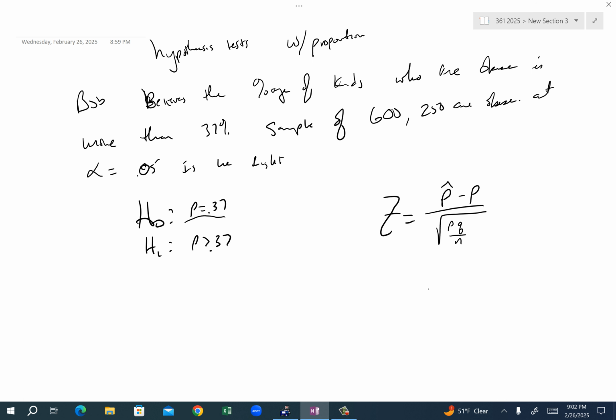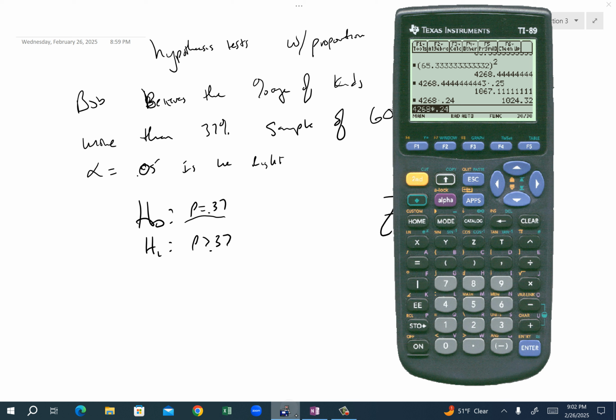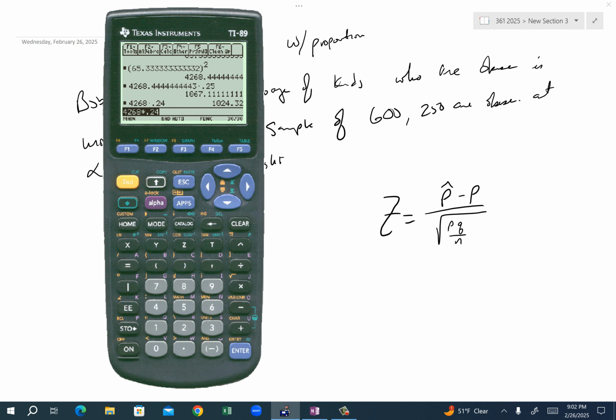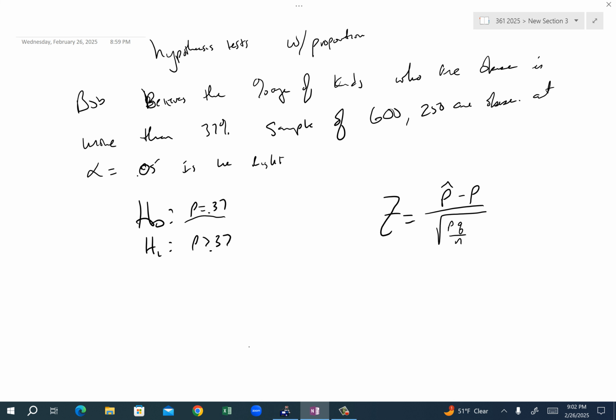And so in our case, it's going to be 250 over 600, which is 0.4166, minus 0.37, over 0.37 times 0.63 over 600. Same rules as before.